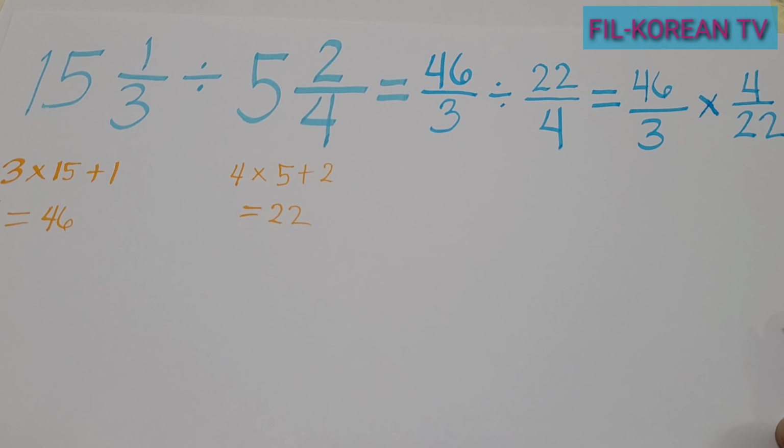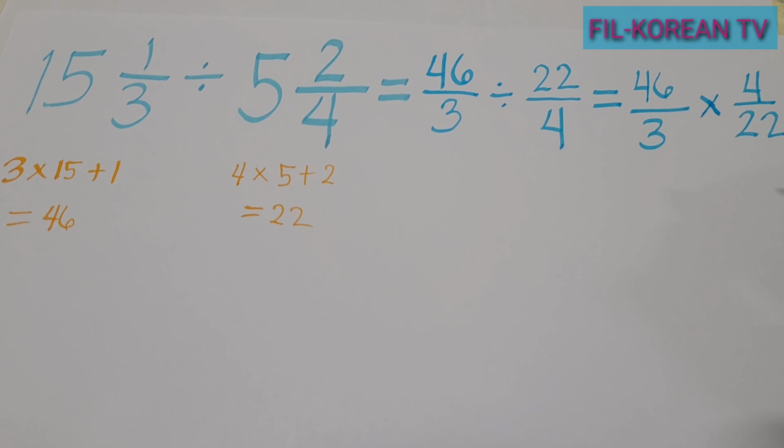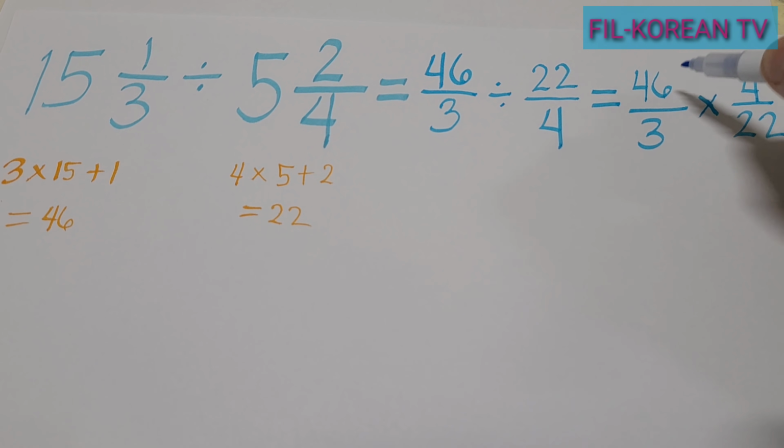Okay, the next step, multiply the numerators, multiply the denominators, or use cancellation before multiplying. Okay, tingnan natin kung pwede tayong maka-apply ng cancellation dito. Yung 46 at saka 22. Pareho silang even numbers. So, pwede itong i-divide sa 2. Okay.